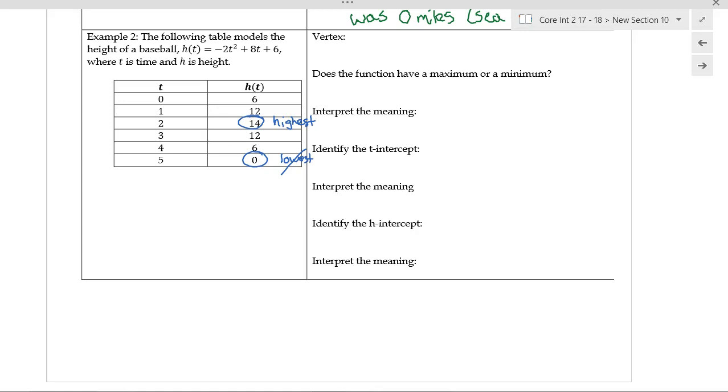So this one has a vertex of (2, 14). Does the function have a maximum or a minimum? It has a maximum because it's the highest number.